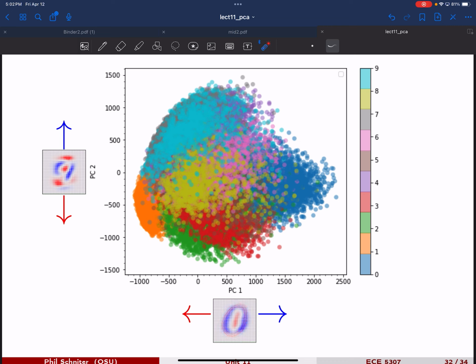On the other hand, if you multiply this by a negative number, then this one becomes positive, and that matches the ones. So you can see there's this overall 0 versus 1 axis, left to right, all encoded in this single eigenvector, the most important one for this data set.